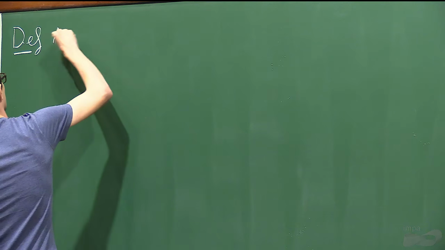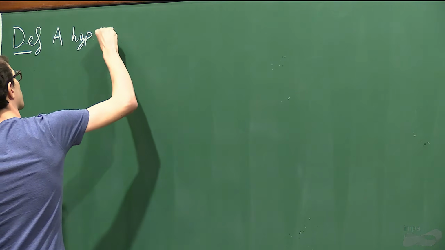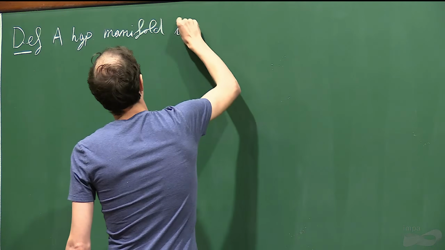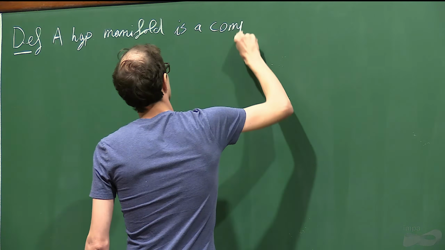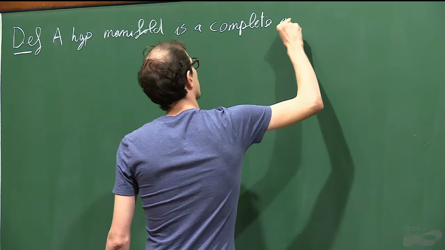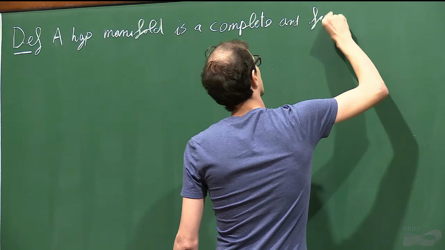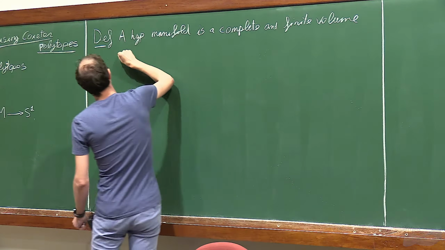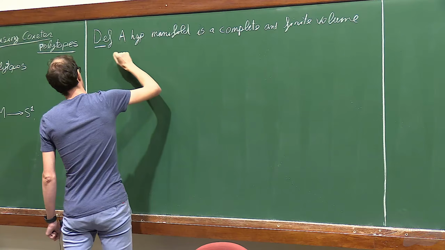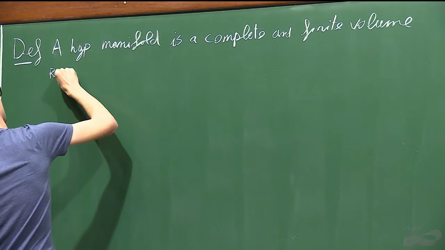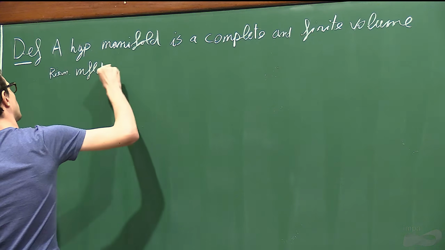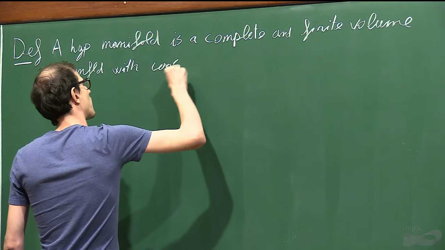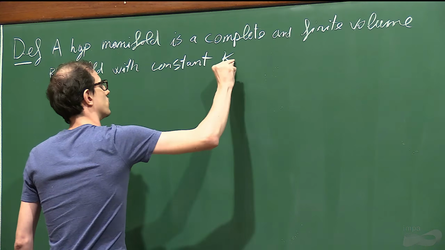For me, a hyperbolic manifold is a complete and finite volume Riemannian manifold with constant sectional curvature, sectional curvature always -1.